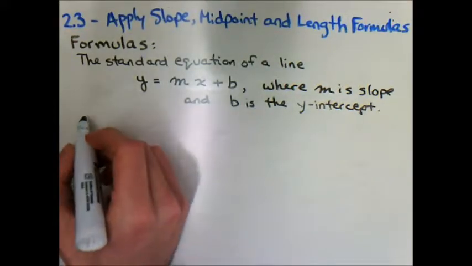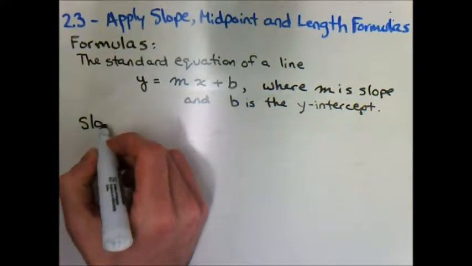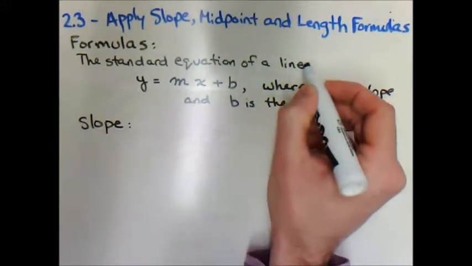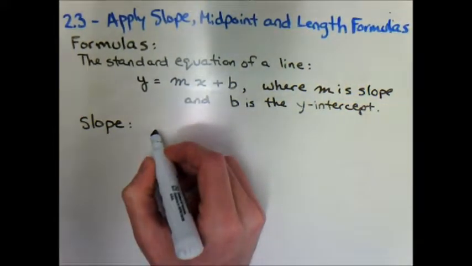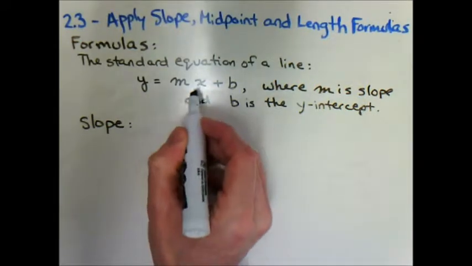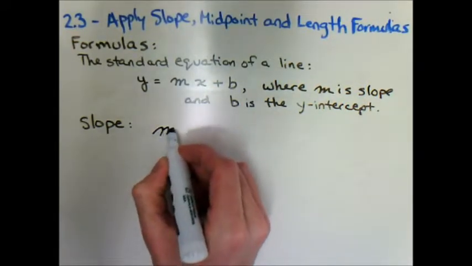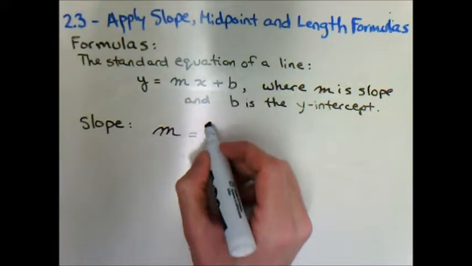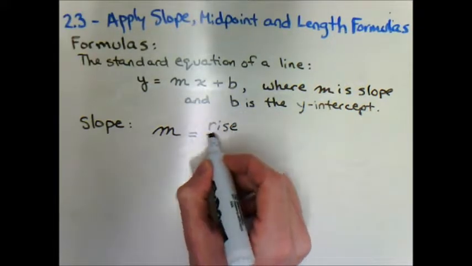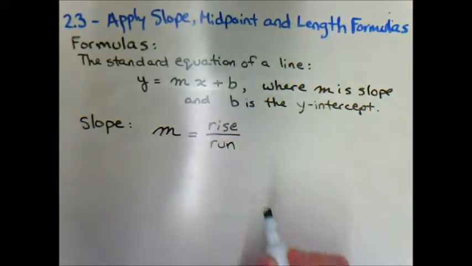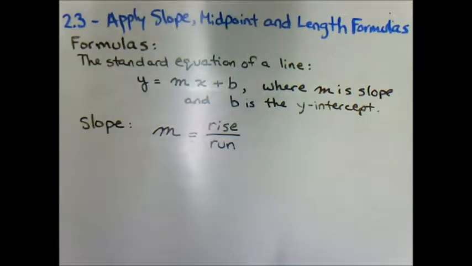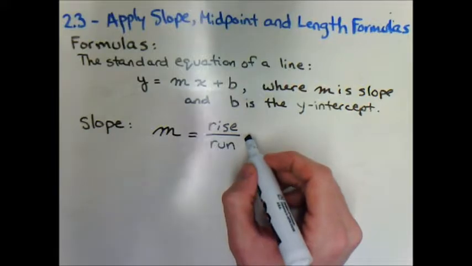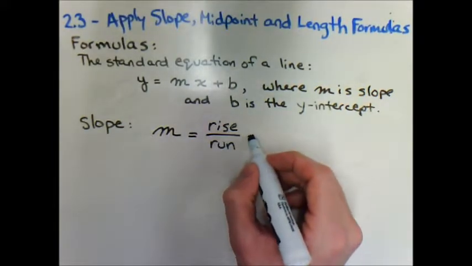Okay, we also have an equation for slope. Slope is represented in the equation of a line by m. So m equals rise over run. And when we have the coordinates of our points, we can determine what exactly the rise over run is.